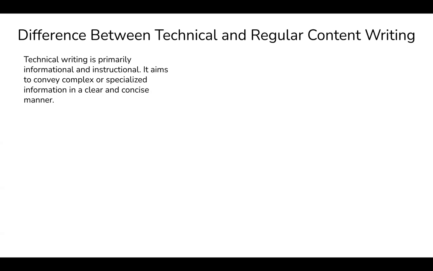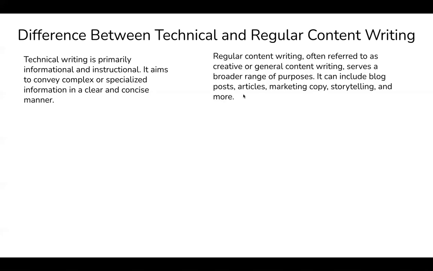Maybe even reference: this is what this means and how you can use it in your work. So the primary goal is to provide accurate, factual, and actionable information that people can use to understand a specific subject matter. While regular content writing, which is often referred to as creative or general content writing, serves a broader range of purposes. It can include blog posts, articles, marketing copy, storytelling, and more.